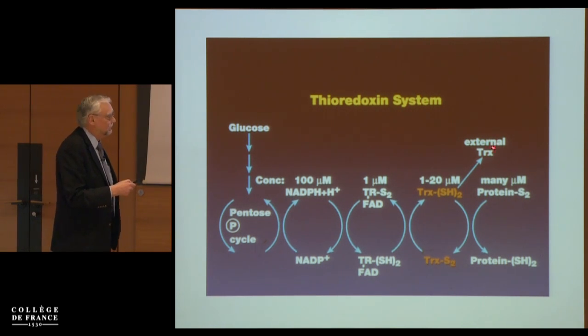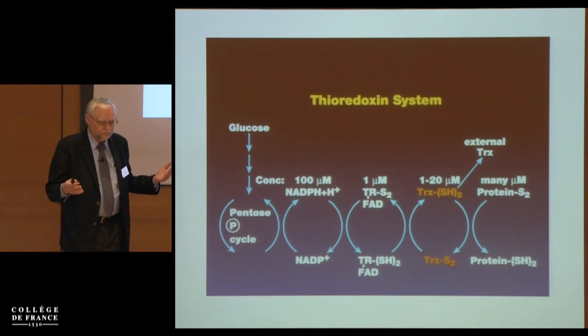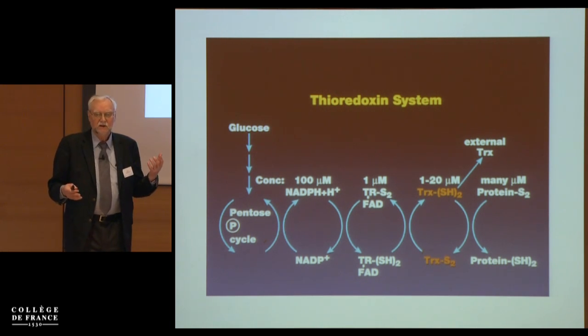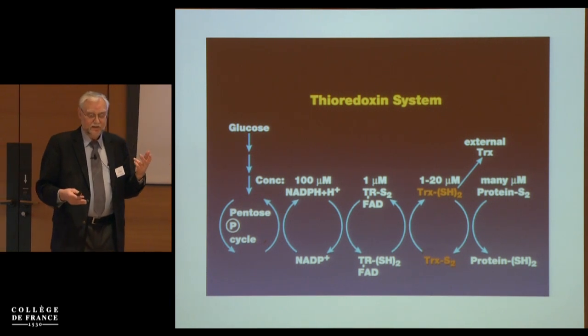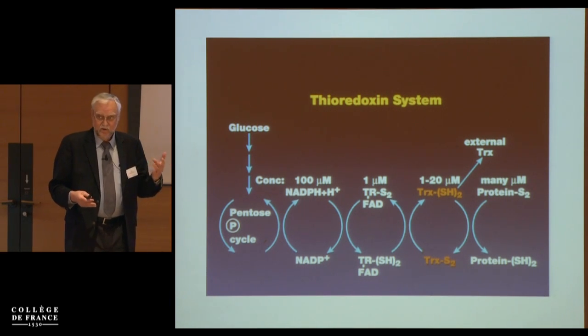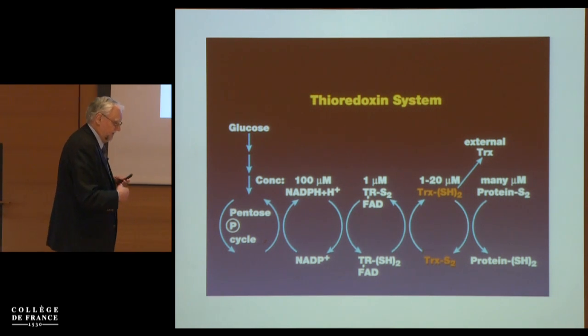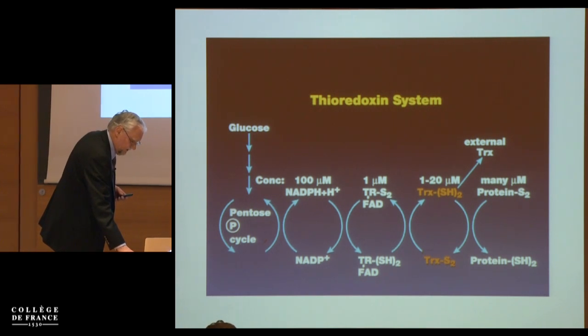But thioredoxin is also external, and around 1990, several groups discovered thioredoxin as a cytokine and an extracellular protein with interesting activities on cell growth. And among these things was also the truncated form of thioredoxin, thioredoxin 80.